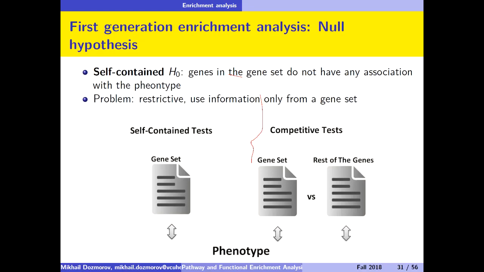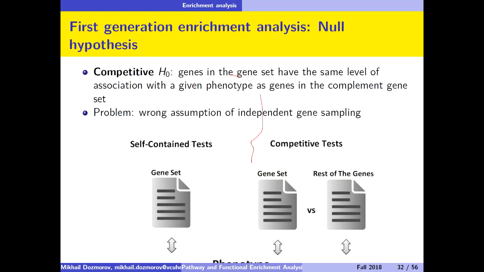For example, if out of 100 you identify 50 genes that are differentially expressed, you may calculate p-value. Is it significant or not? 50 genes, you may say, well, it's kind of half and half, it may not be significant. But if out of 100 genes for hypoxia pathway, 90 genes changed their expression, you can calculate p-value, and it may be pretty significant enrichment. So this is what this self-contained test is all about.